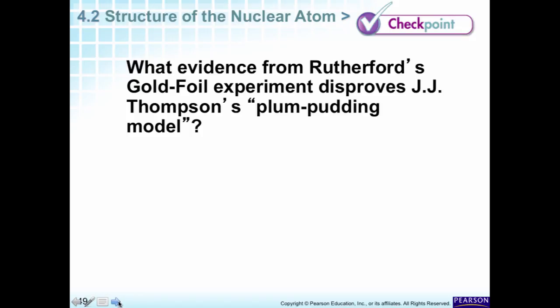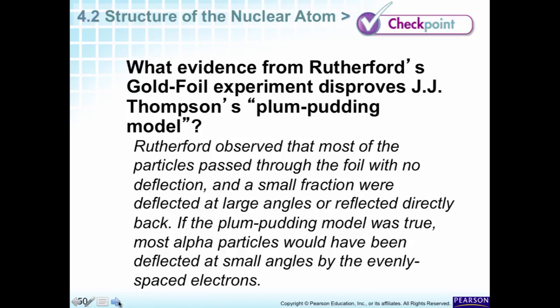Okay, what evidence from Rutherford's gold foil experiment disproves J.J. Thomson? J.J. Thomson was not too happy that his student found this out. Basically, because most of the particles passed through without deflection, meaning they weren't deflected by positively charged chocolate chips.